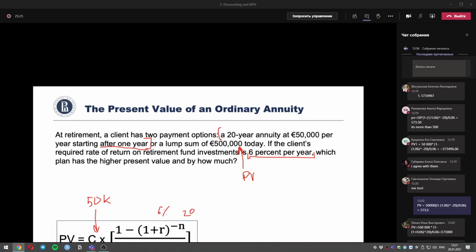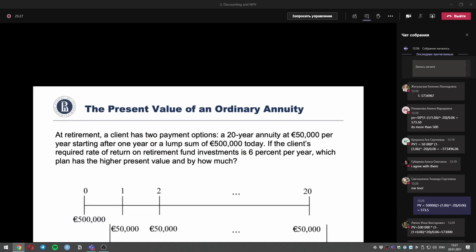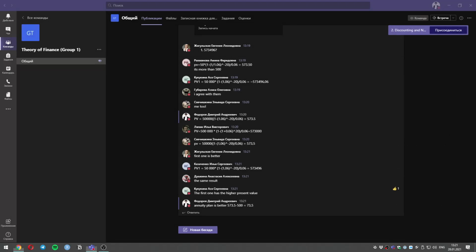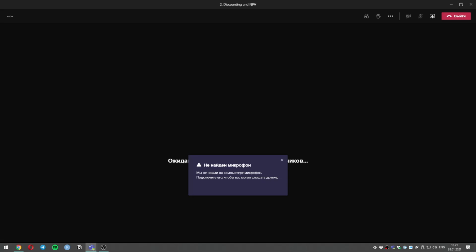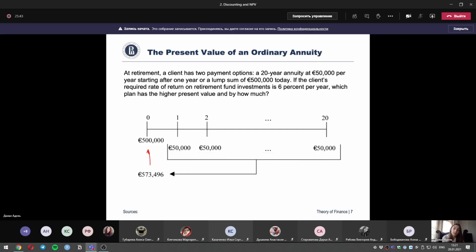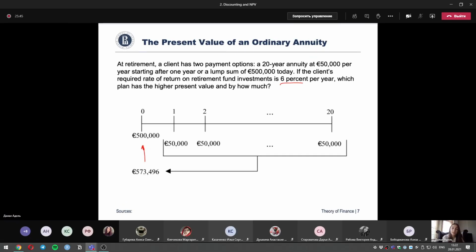So we directly apply the formula and we get 573,496 euros, which is higher than our 500,000 euros, as we discount it using compounded discounting.